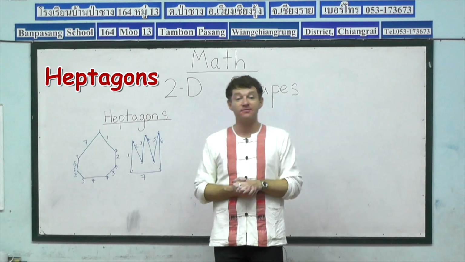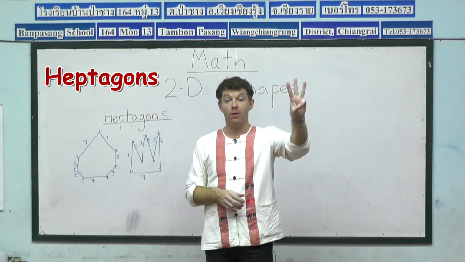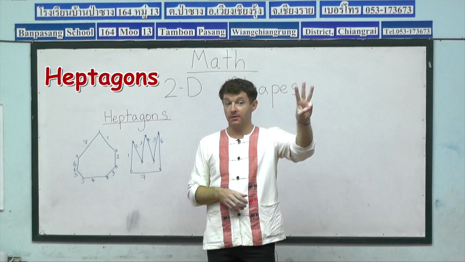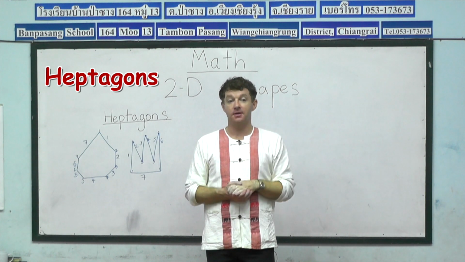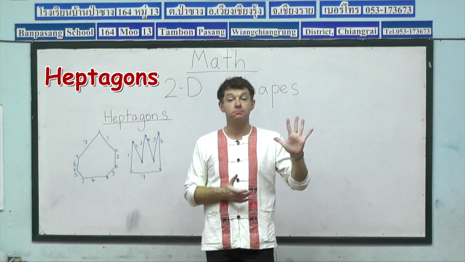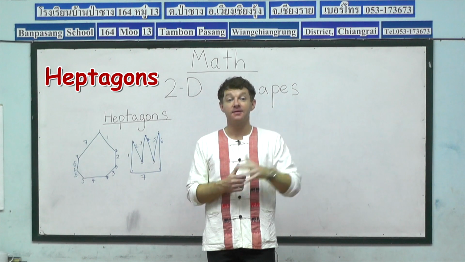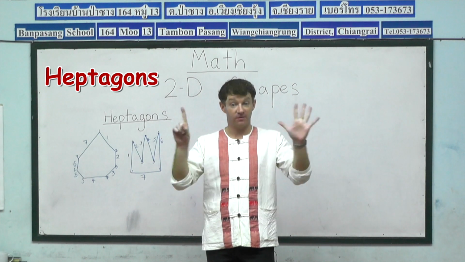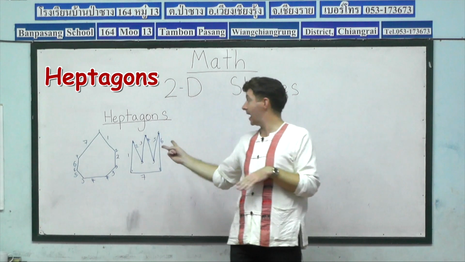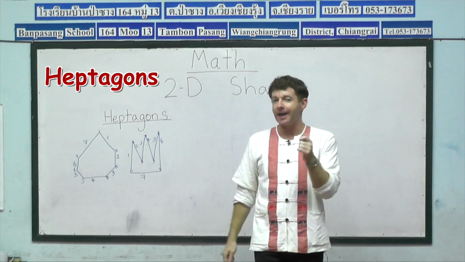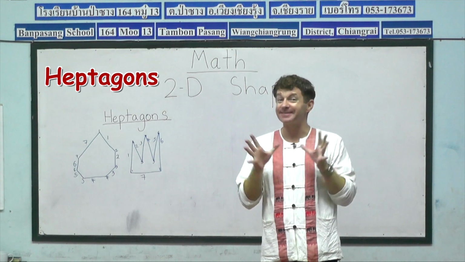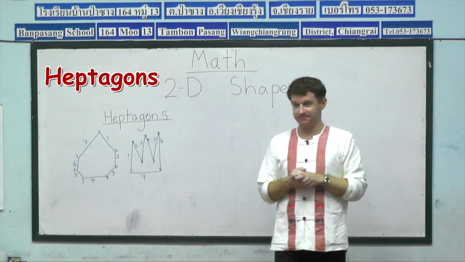Because remember, guys, triangle, 3 sides. Quadrilateral, 4 sides. Pentagon, 5 sides. Hexagon, 6 sides. Heptagons, 7 sides. Now, who can guess how many sides the next shape is going to have?